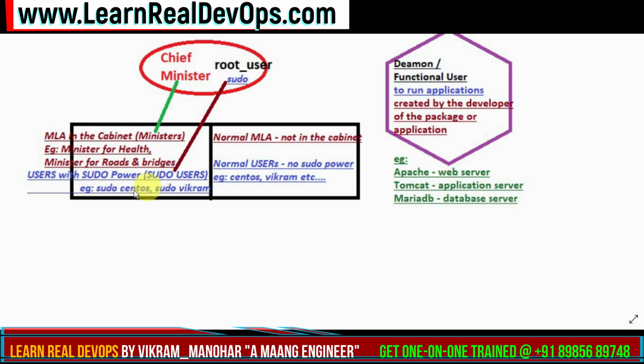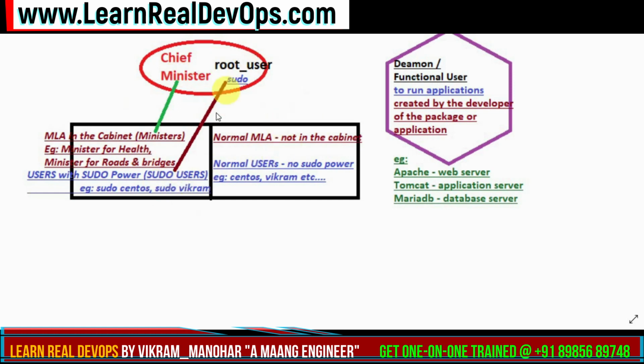Only then can the CentOS user or Vikram user do admin level activities, not entirely all activities, but to the extent required. Now apart from the root user and the normal user with sudo, you will also have normal users without sudo power. So 1, 2 and 3.